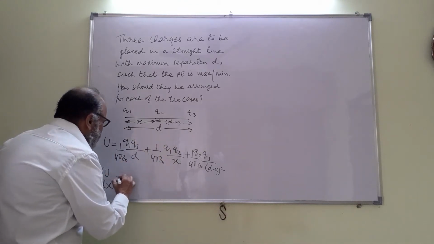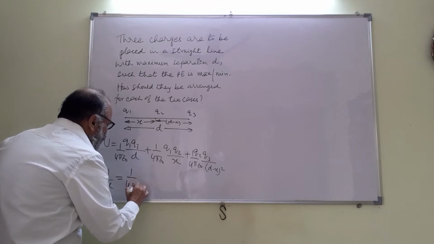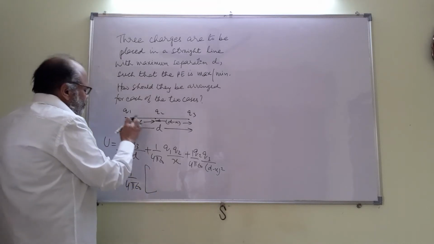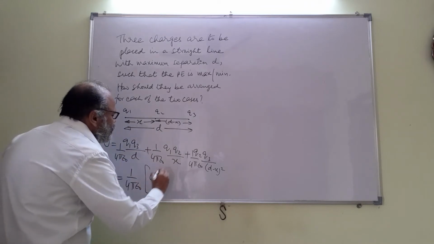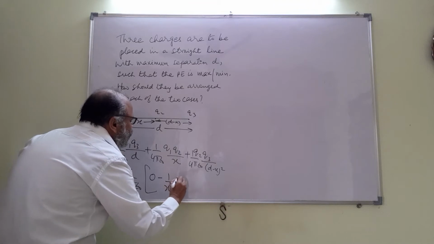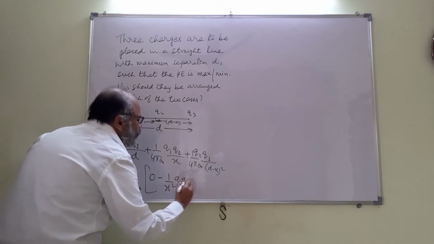So dU by dx would be 1 by 4 pi epsilon naught. I am removing the common constant. D is a constant, so this will be 0. Here you will have minus 1 by x squared Q1 Q2.